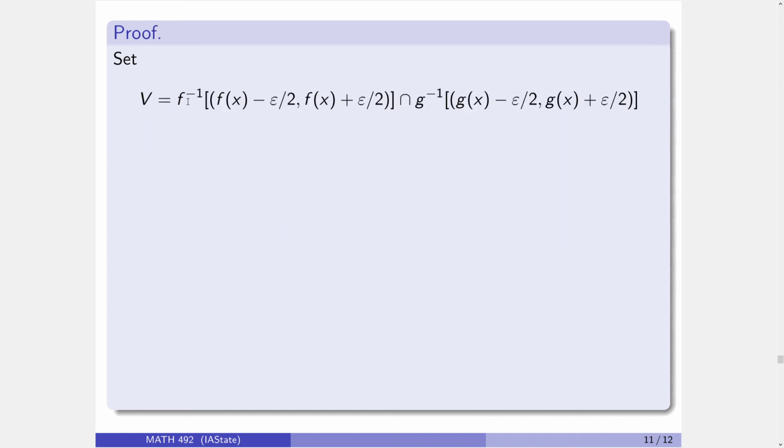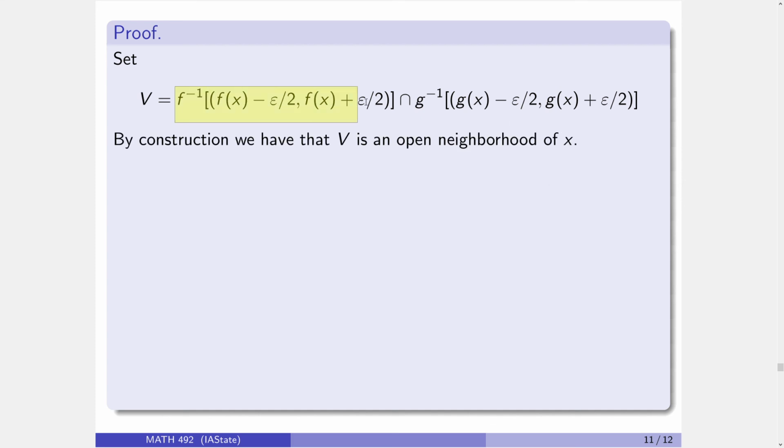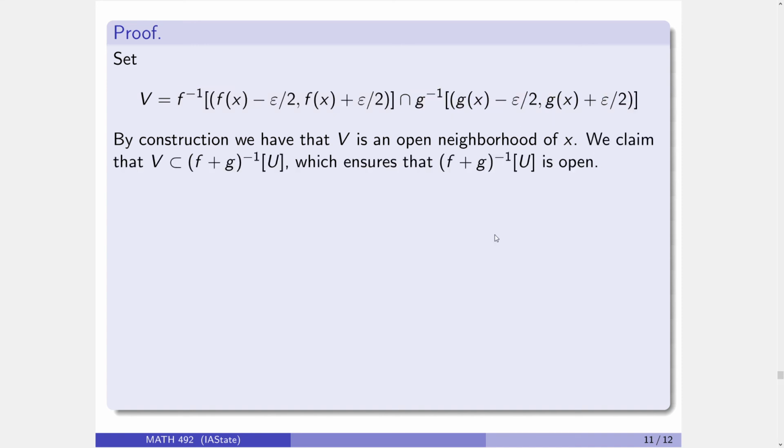So the v I'm going to take is the intersection of those two things. By construction, this is an open neighborhood of x, because this is an open neighborhood, and so is this. I claim that v is contained in here, which then ensures that the inverse image of this set is open, and life is good.